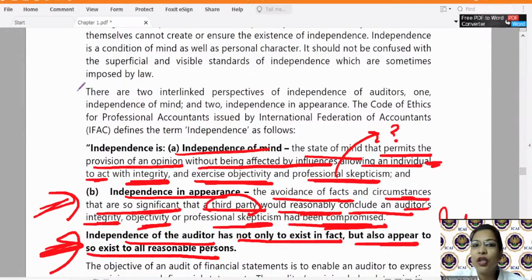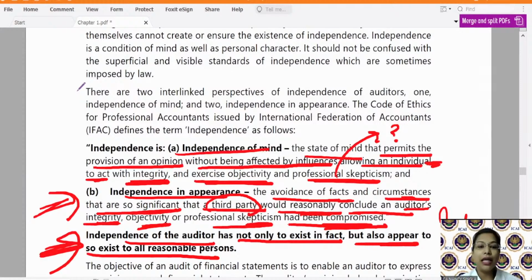In the last session, I told you professional skepticism, as of now, try to understand that it means that you are of questioning mind. When you get a document, you start questioning it. Okay? So, but for exercising integrity, objectivity, professional skepticism, there should be independence of mind.